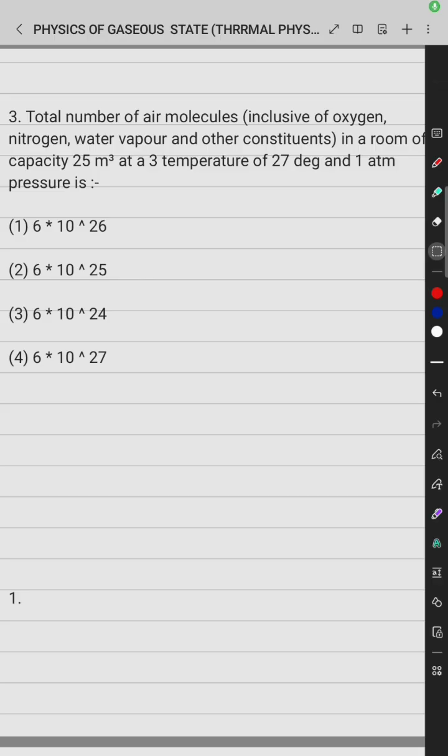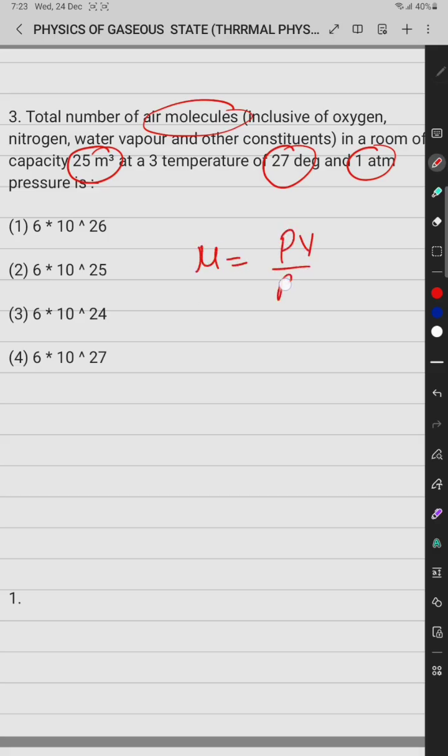And we want to find the number of air molecules, find करना है। In the room the capacity means volume is given, and temperature is given and pressure is given. Then we know the number of mole is equal to PV by RT. That means the number of molecules is equal to μ into N_A.